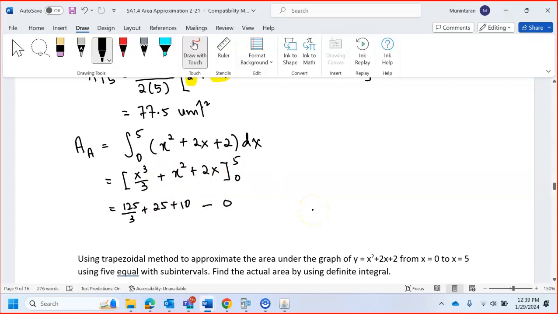It's not exponential, it's not trigo. And your answer is 35. Okay, that will be the answer.